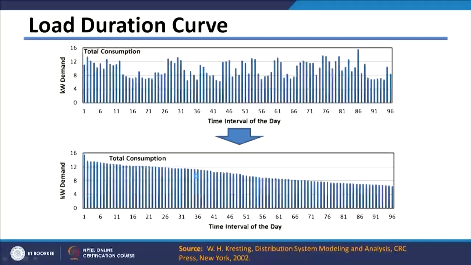Then there is one term which is called the load duration curve. Again, if you observe this particular figure, here I have taken that same load curve of the distribution transformer, which is plotted here, and if you arrange these 15 minutes demands into descending order, you will get this load duration curve.